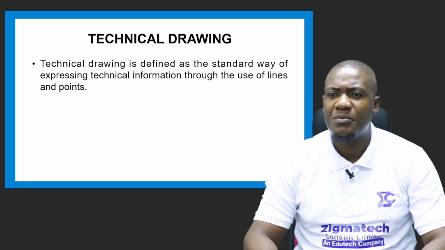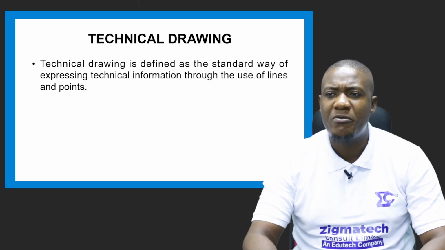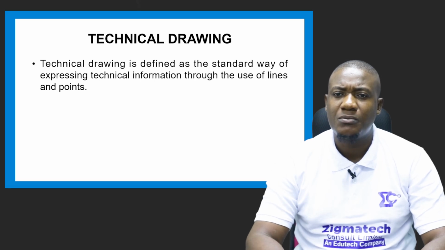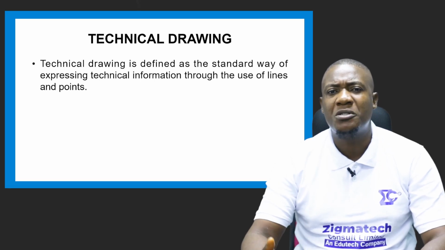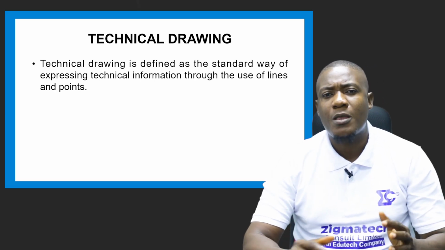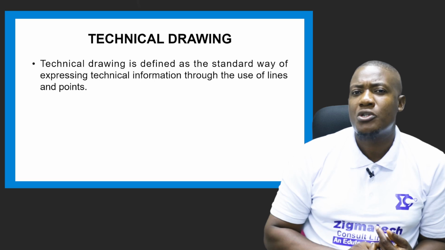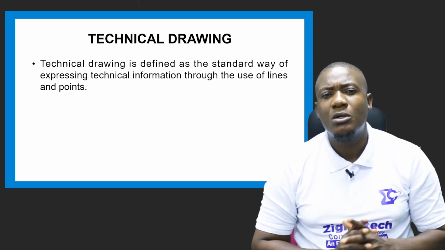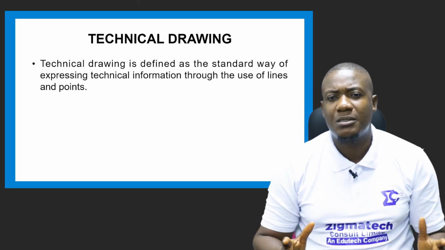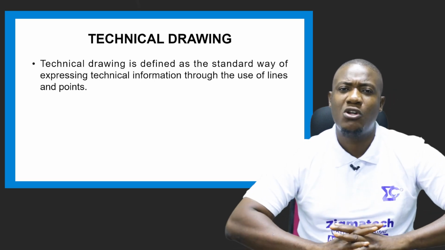Technical drawing is defined as a standard way of expressing technical information through the use of lines and points. Now, this technical information we are talking about as a technologist could be machine parts, building construction, projects, plans, or designs that we have as technologists.